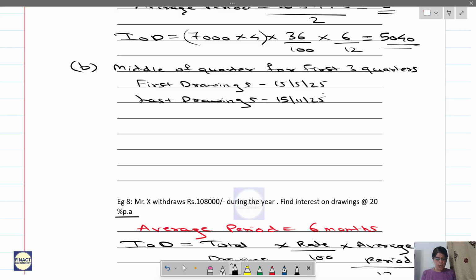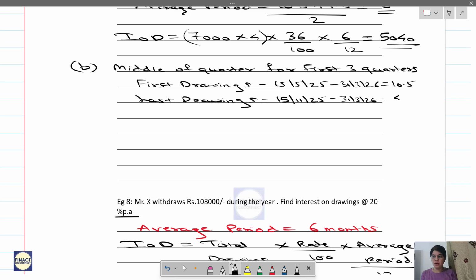So if you see here, from 15th May 25 to 31st March 26, how many months? It is 10.5 months. And from the last drawing to 31st March 26, November half month, then December, Jan, Feb, March, correct? So 4.5 months.